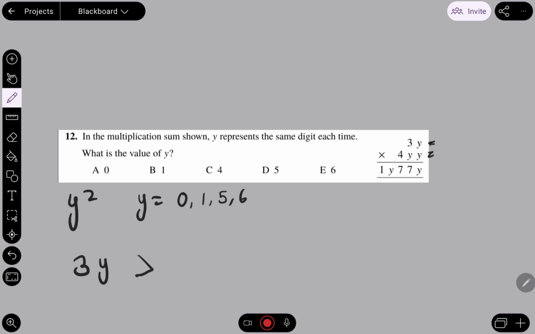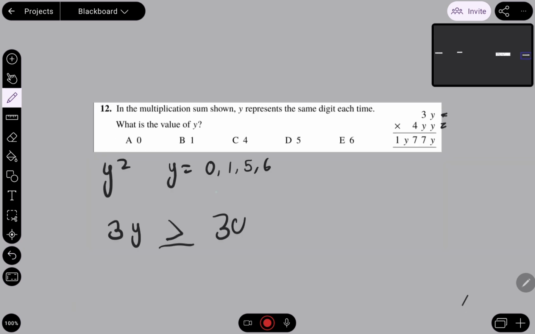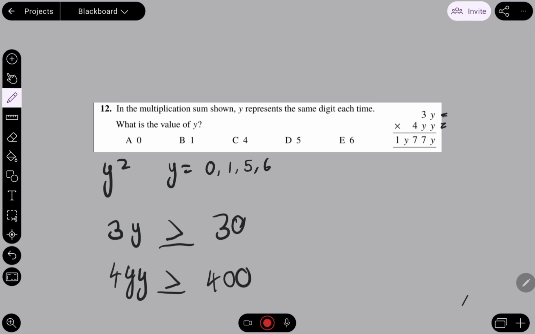So it must be greater than or equal to 30, because remember, zero is an option. And the other number is greater than or equal to 400. The thing is that it has to be greater because of the 770.